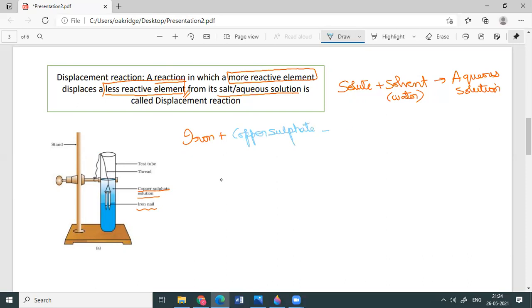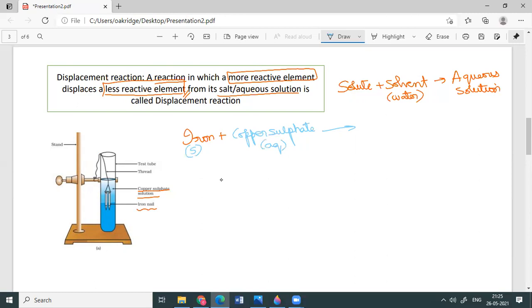Whenever you get any colored salt or any colored solution, I would like you all to write it with that color pencil or sketch pen, so that while you are studying it will be quickly noted down in your mind. Here, children, solid is the iron nail, whereas the copper sulfate solution is aqueous. Aqueous means copper sulfate is taken in water.